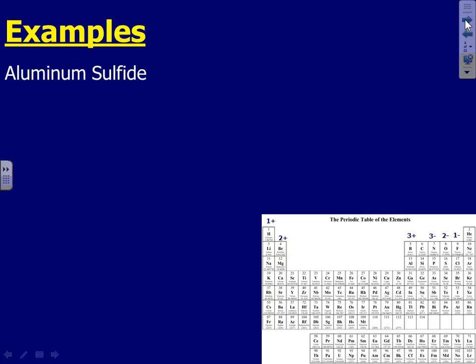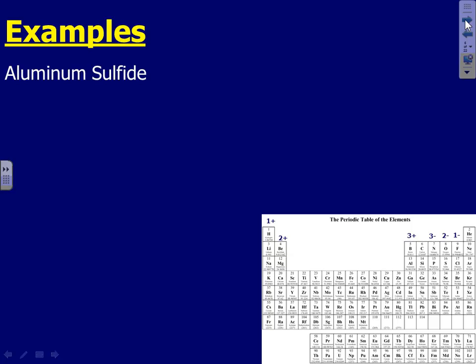Write down the symbol for sulfide, write down the charges. I'm hoping we get good to the point where we don't even have to write down the charges. We can see the charge on the paper and write it on the opposite atom right away. I'm going to do this in multiple steps, just like we've learned.